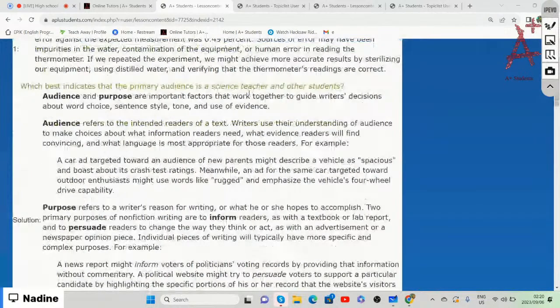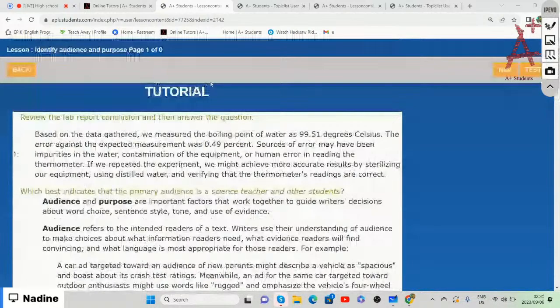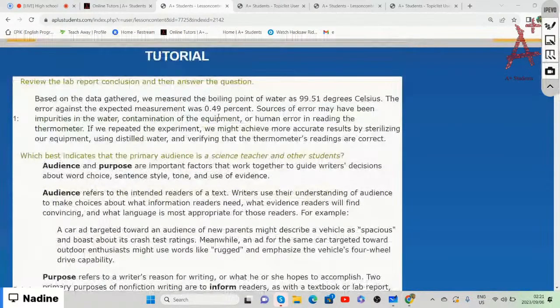So based on the data gathered, we measured the boiling point of water as 99.51 degrees Celsius. The error against the expected measurement was 0.49%. Sources of error may have been impurities in the water, contaminations, equipment, or human error in reading the thermometer.